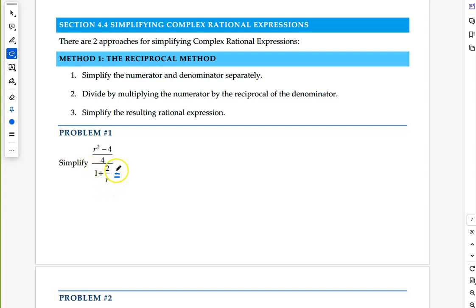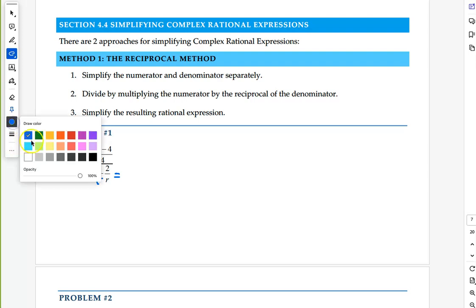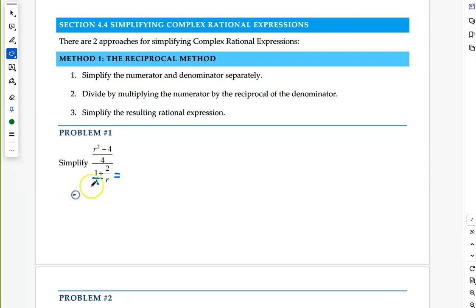The 1 plus 2 over r. I'm going to put a 1 underneath that 1 just to remind us that our denominator right now is 1 there, and on my other denominator, it's an r. So I need to multiply this one by r, so I have an r on the bottom like the other one.